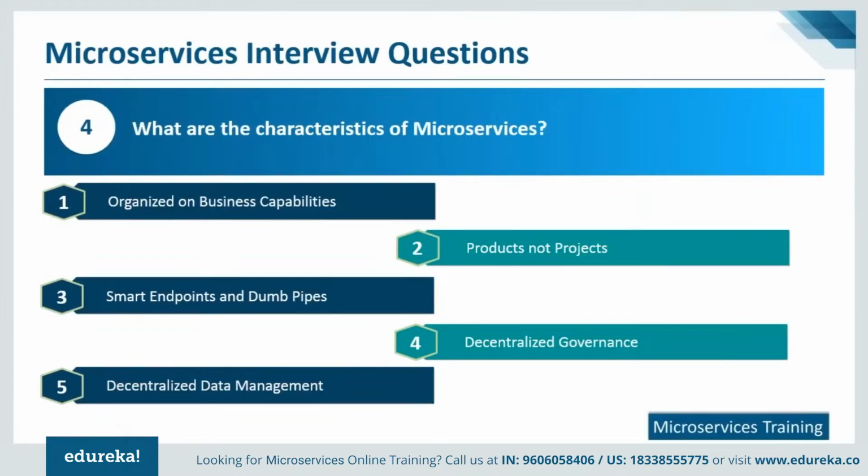Products are not projects. Now, what do I mean by this? Suppose you have, again, say 10 microservices. You'll have small clusters of teams who would be responsible for building this application and also maintaining it. What Amazon thinks is you should have a two-pizza team. What do they mean by this? They mean you should have such a small team that can survive on two pizzas, and they should also be able to go ahead and maintain the software.